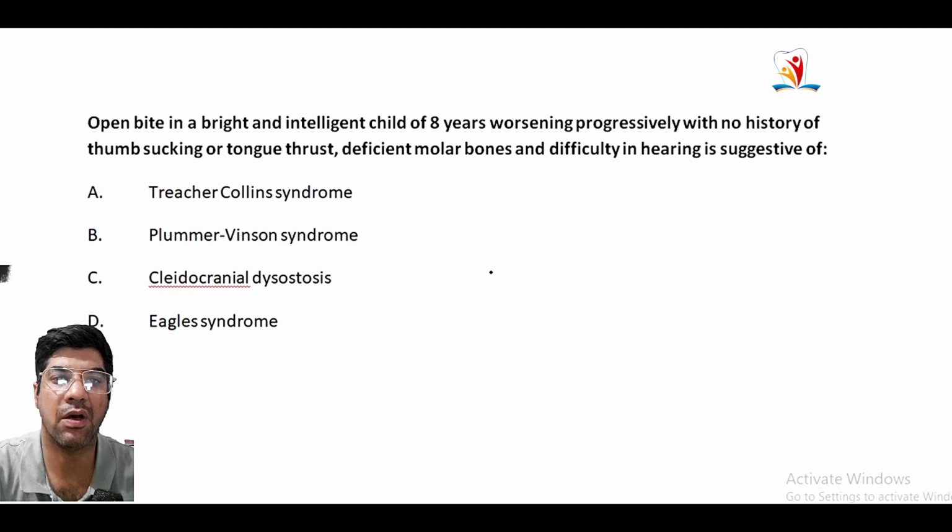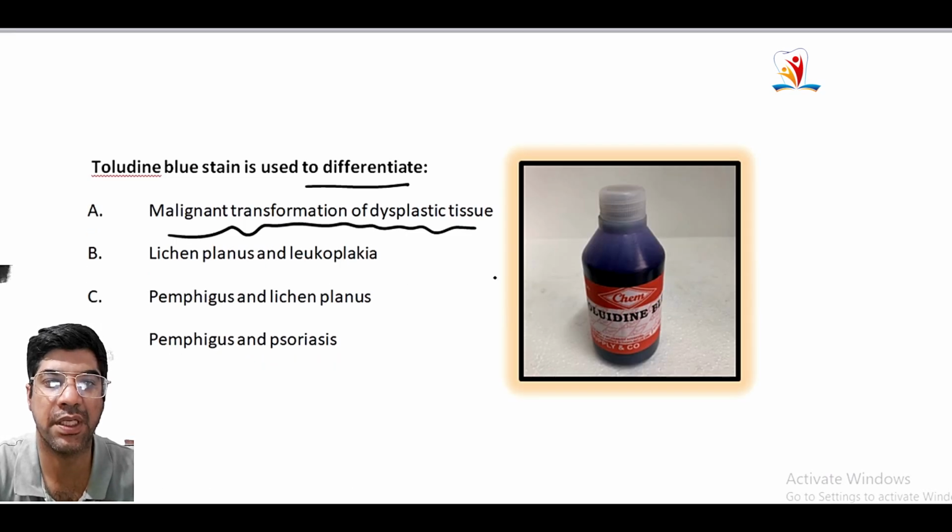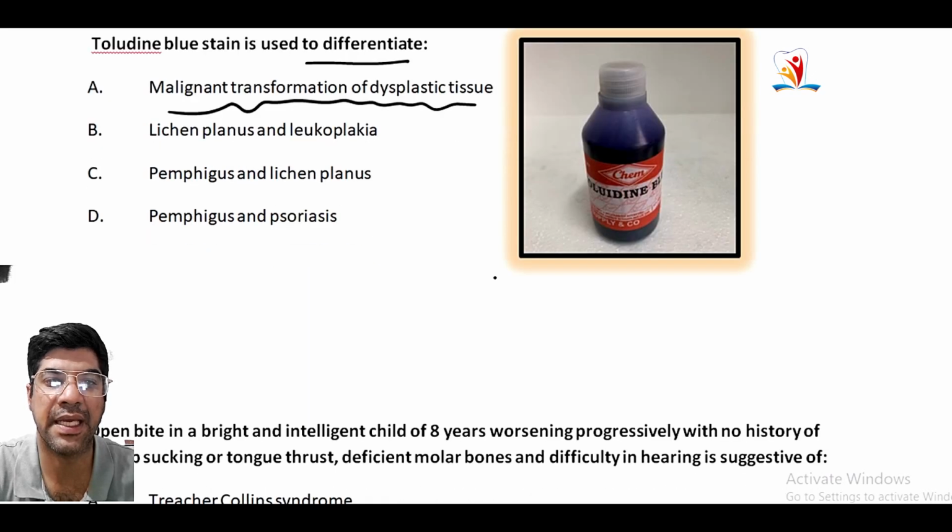It is often used to stain tissues associated with malignant transformation in dysplastic tissues. So this staining technique can identify potential cancerous changes in the tissues.